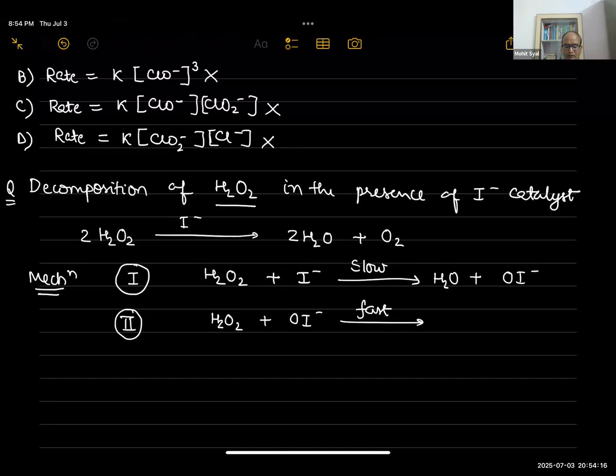It is giving these products, I minus and O.